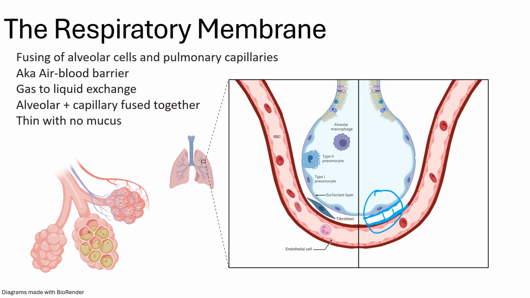And in order to achieve this thinness, those type 1 pneumocytes or alveolar cells are fused with the endothelial cells of the blood capillary. This thinness creates a really small distance over which gases have to be diffused to be exchanged. I want the smallest distance possible because my gases are going to diffuse.